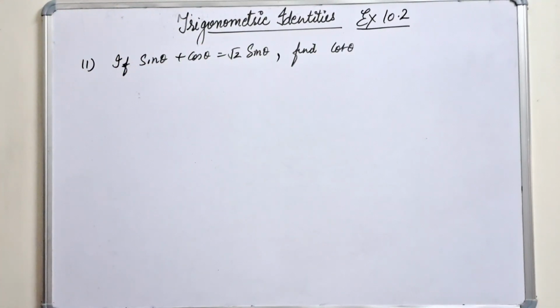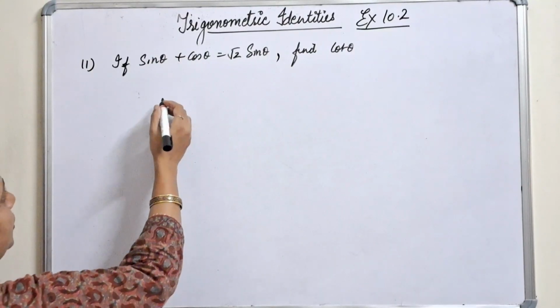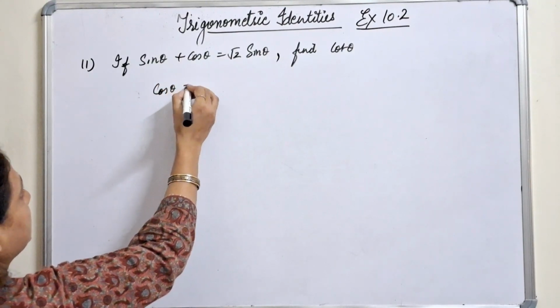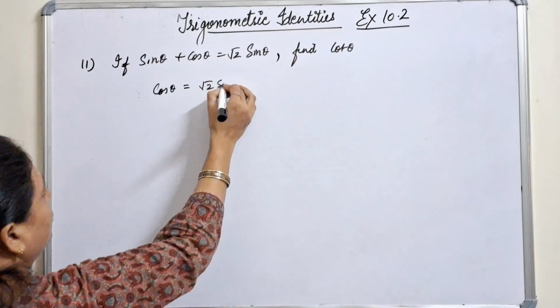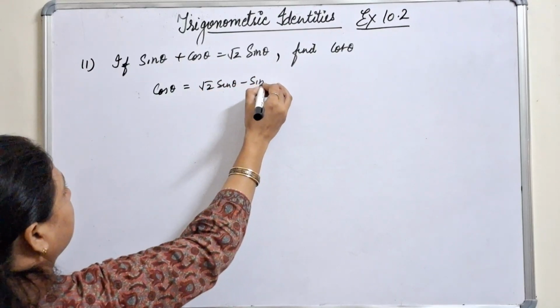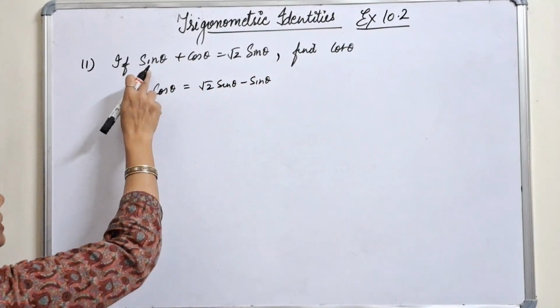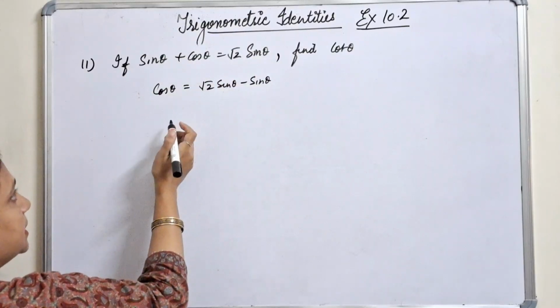See, this is a good question. How will you solve? If sine theta plus cos theta is equal to root 2 sine theta, you have to find the value of cot theta. So what are you observing? Cos theta is equal to root 2 sine theta minus sine theta. I can write, I am transposing this sine theta to the right hand side.